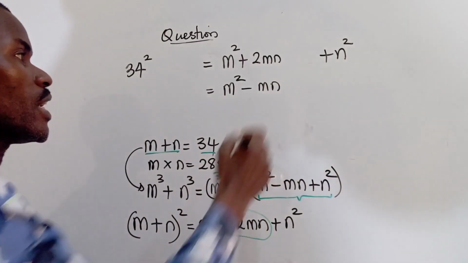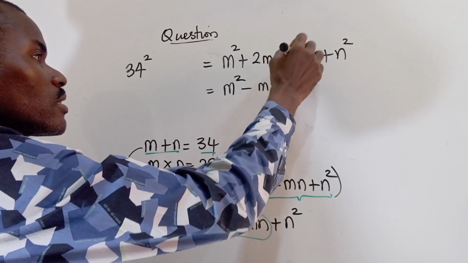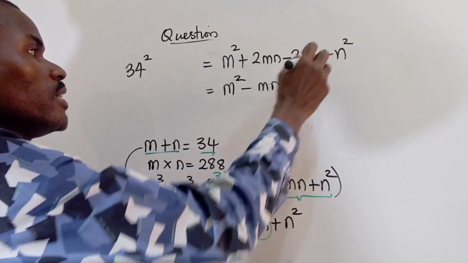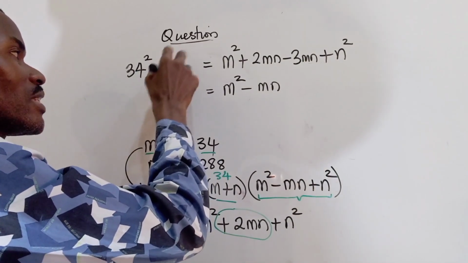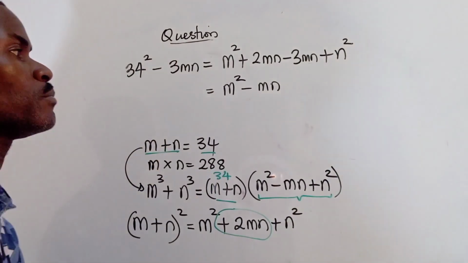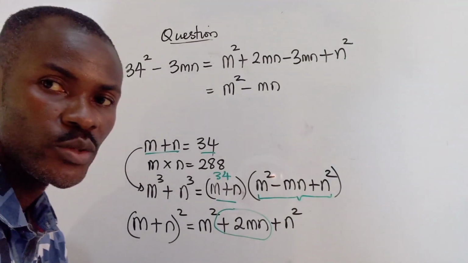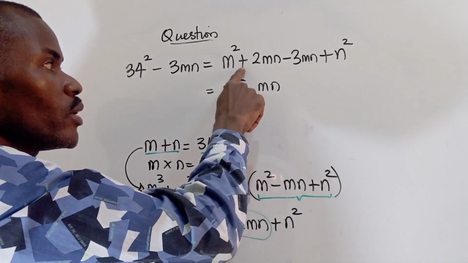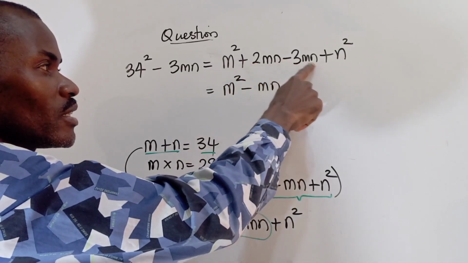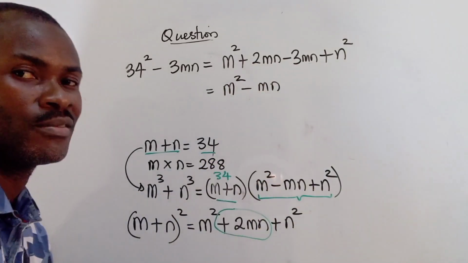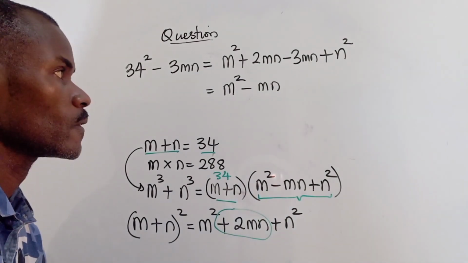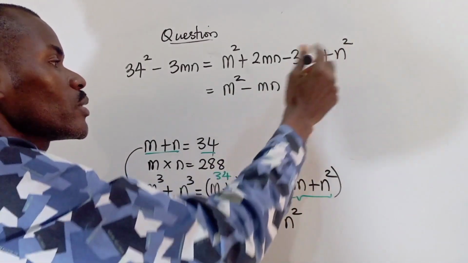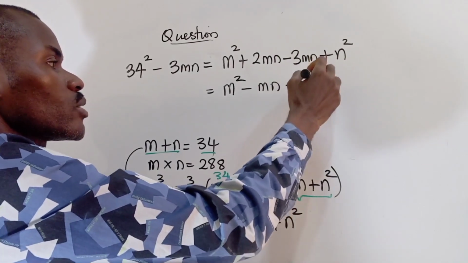All I need to do is subtract 3mn on both sides. If I do that, you will see that plus 2mn minus 3mn is minus mn, plus n squared.